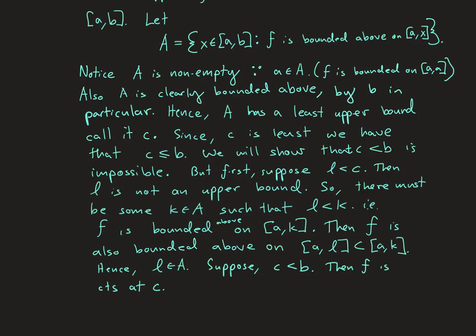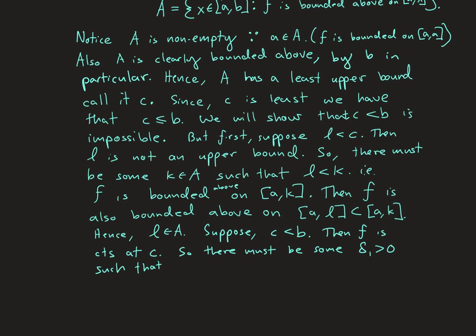But by this theorem that we proved in the previous theory video, there must be some delta 1 bigger than 0 such that F is bounded above on the open interval C minus delta 1 to C plus delta 1.